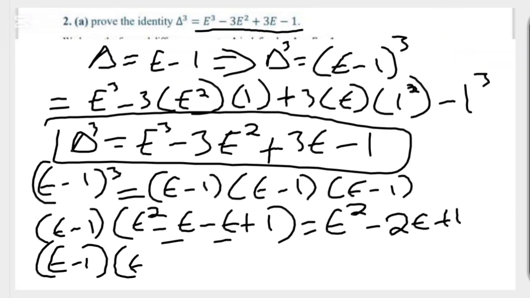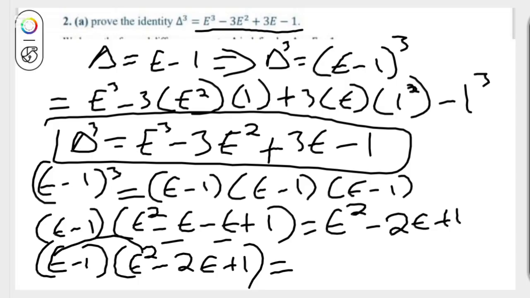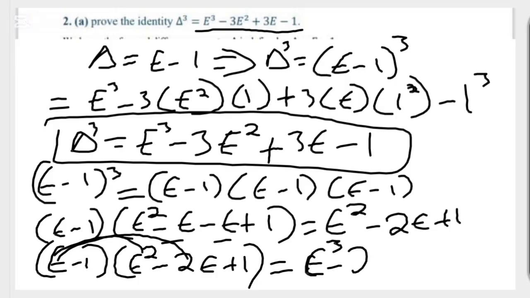I'll multiply by this e squared minus 2e plus 1. So I'm going to multiply this e multiplied by this e squared, I'll get e cubed, and this e multiplied by this negative 2e, I'll get minus 2e squared.